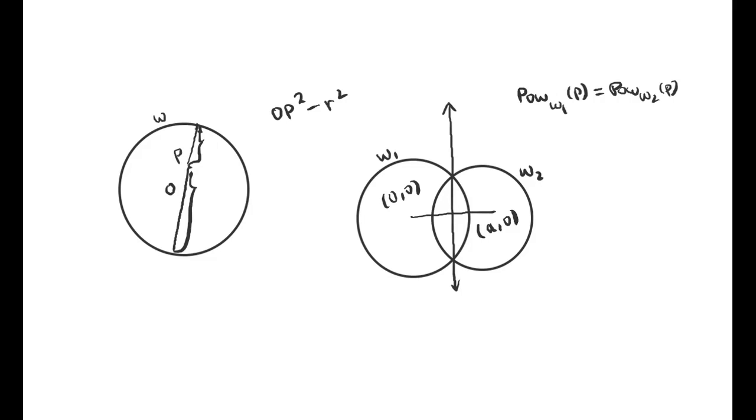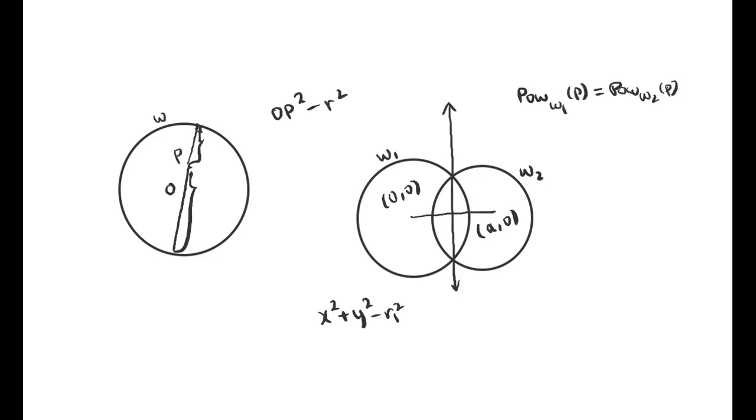(a, 0), where a is a constant, then the power of the point (x, y) with respect to omega 1 is x squared plus y squared minus r1 squared, where r1 is the radius of omega 1.